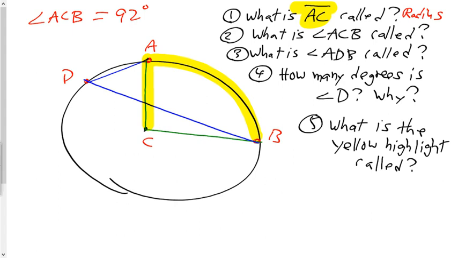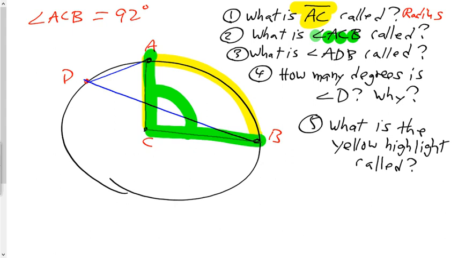The second question says, what is angle ACB called? So I'll grab my highlighter. A to C to B. So what it's really asking is, what is this angle called? And we know it's an angle because it has this symbol. And it goes from A to C to B. Now, it could also have been called something simpler. What could it have been called instead? Just angle C, correct?